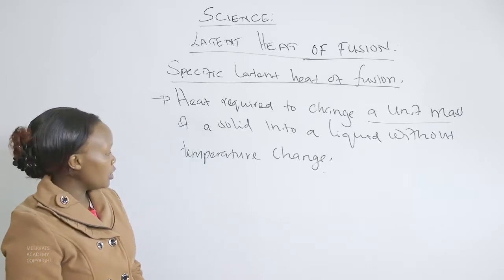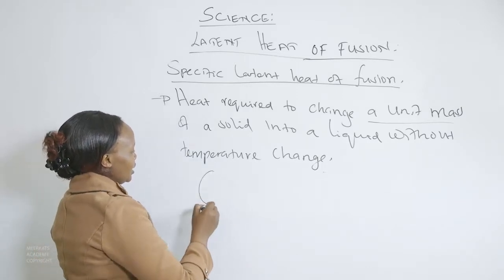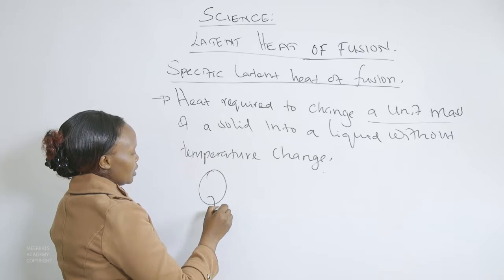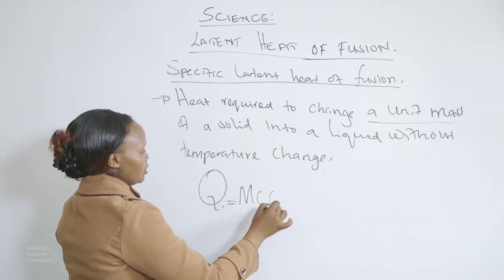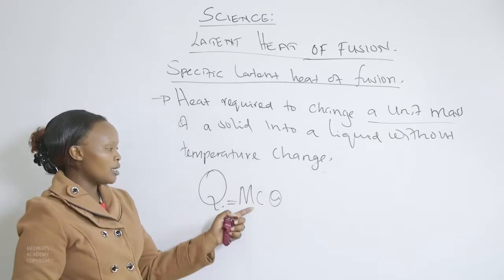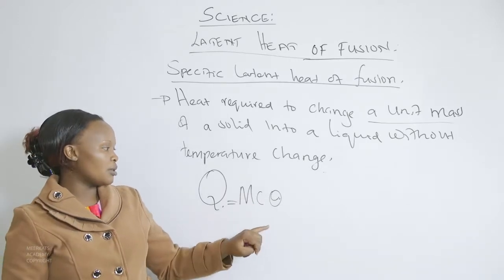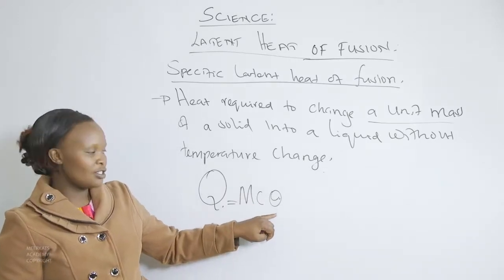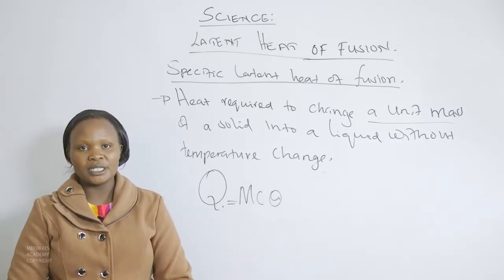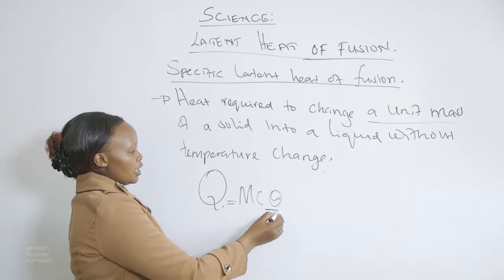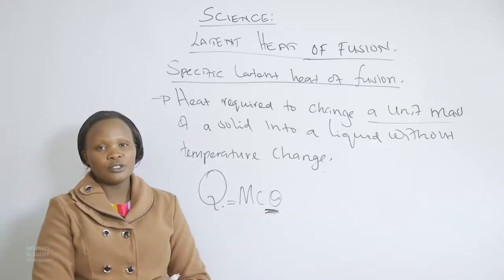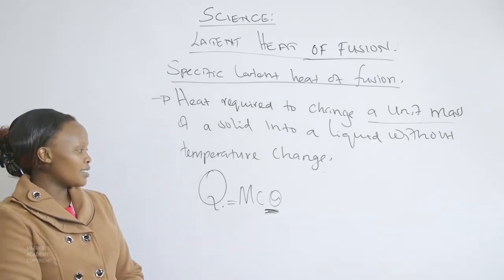Now, we know that heat is given by mass, specific heat capacity, and the change in temperature. But we cannot apply this formula here because our change of temperature is 0.